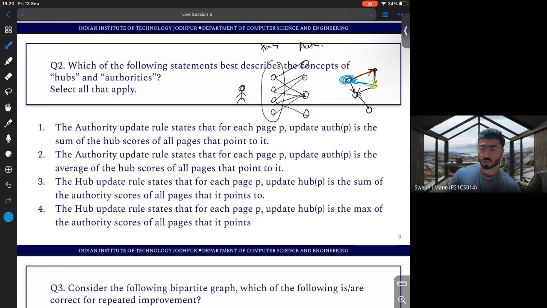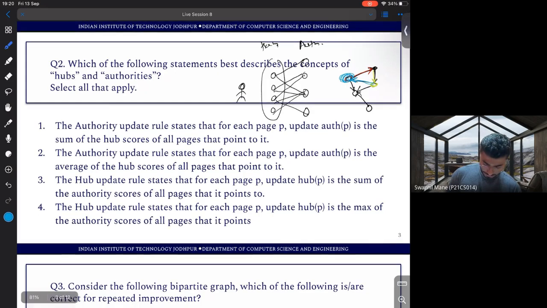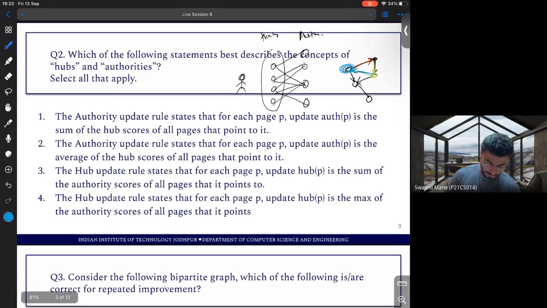And for the authority role, we need to consider incoming edges from the hubs, that is, hubs pointing to the authority. So let's read the options here.